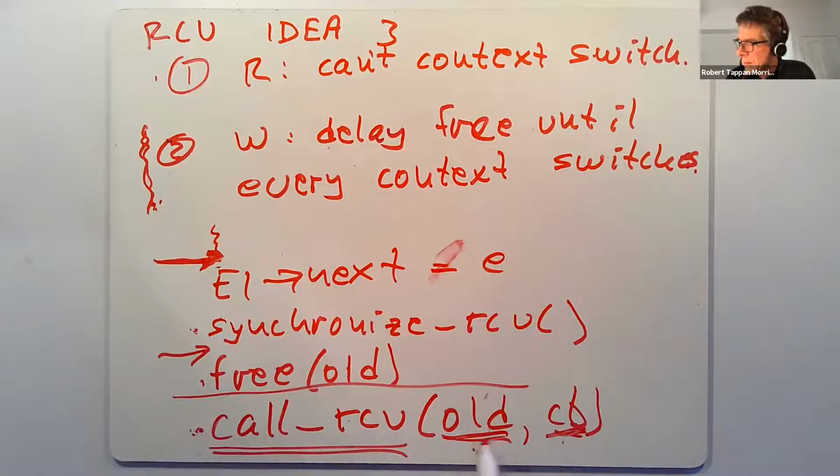Each list element has a pointer in it to an object that should be freed. And so under extreme circumstances, if you're not careful, a lot of calls to call RCU can run a system out of memory because all the memory ends up on this list of deferred frees. So people don't like to use this if they don't have to. Okay.